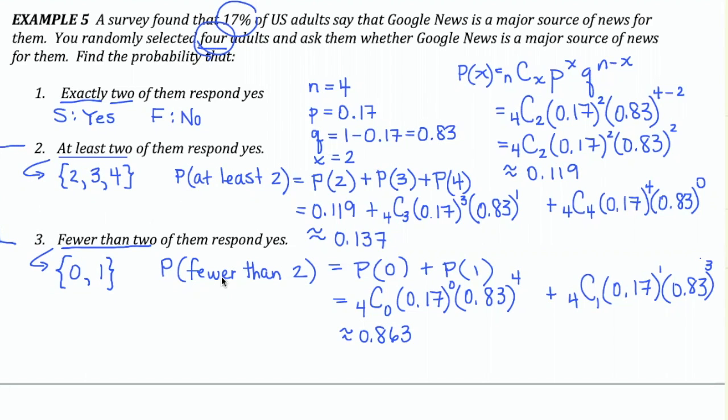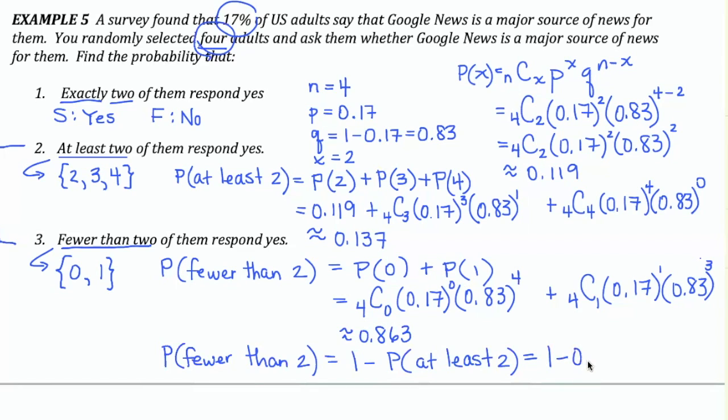So if I wanted to get the probability of fewer than 2, I could have done 1 minus the probability of at least 2 people saying yes. And notice 1 minus 0.137 does give me 0.863. So another way to do part 3 is to think of fewer than 2 as the complement of at least 2 and calculate it that way.